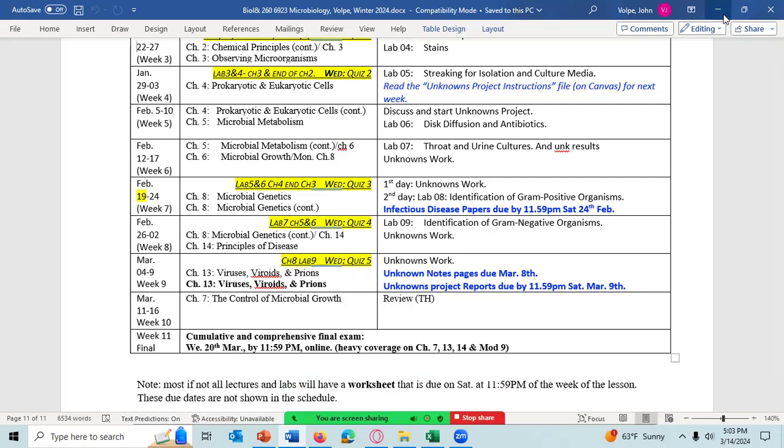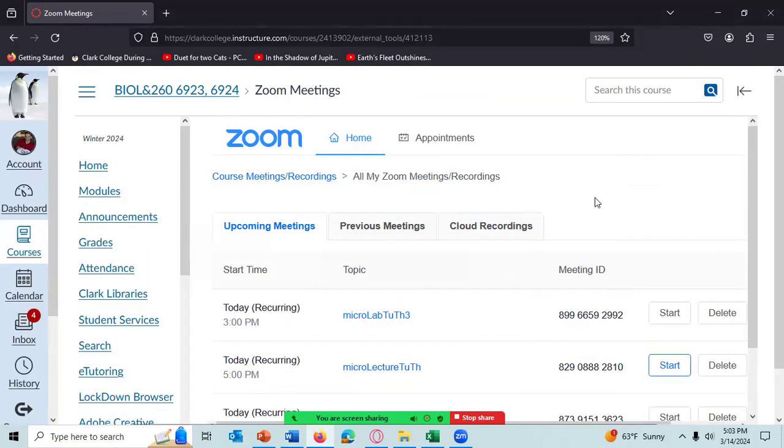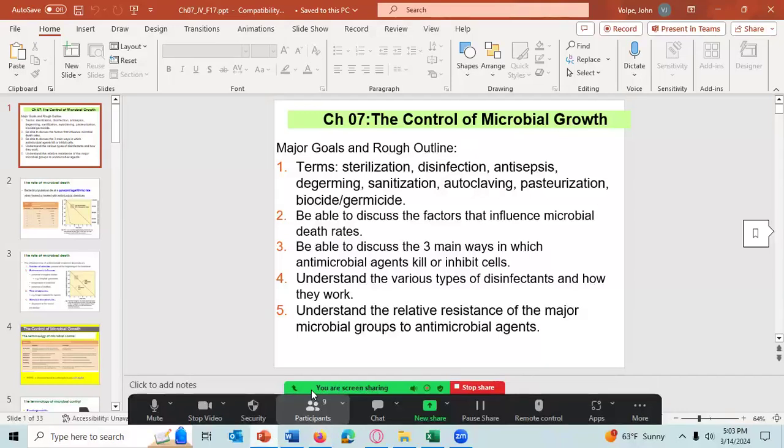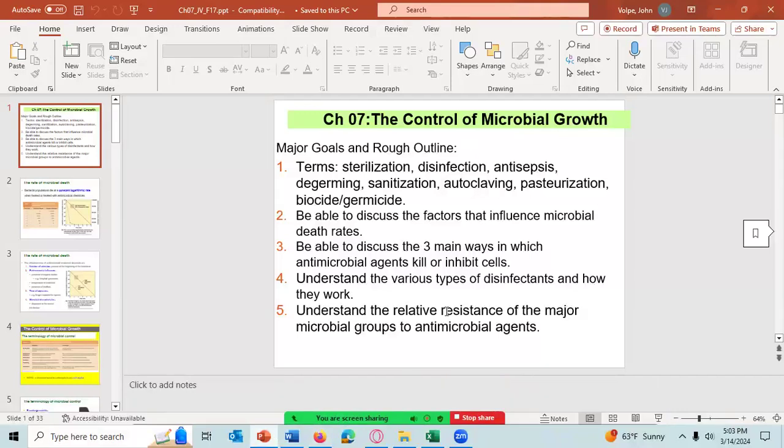All right, let me get started. Chapter 7, the control of microbial growth. This is a topic that students generally have some familiarity with. So it's a topic that I end the class with, because students find this topic easy, or easier maybe.